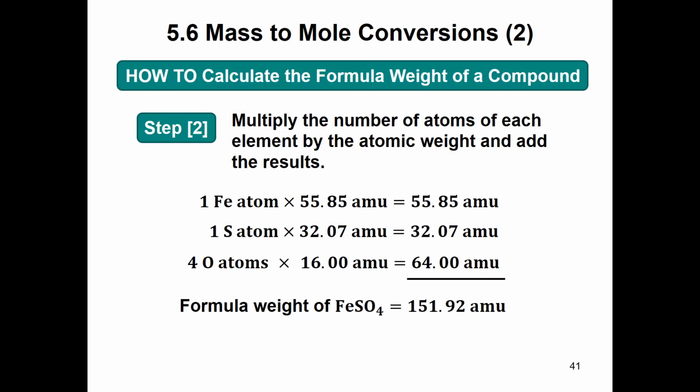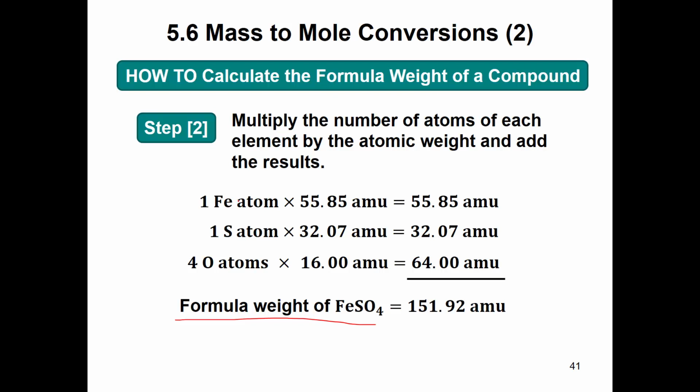Then I'm going to look up the atomic mass in AMUs of each one of those elements, multiply those by how many I have, and when I add them all up, it's going to give me the weight of the entire formula, or what we call the formula weight.